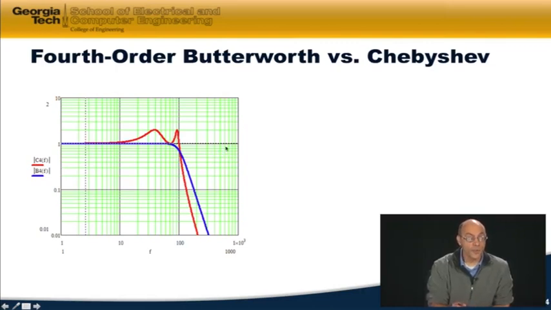So which filter you choose depends on your application. If you need the steepness in the transition and ripple in the pass band is not important, you choose a Chebyshev filter. But if you need a flat pass band, you're forced to choose a Butterworth filter at the expense of a more gradual transition here from pass band to stop band.